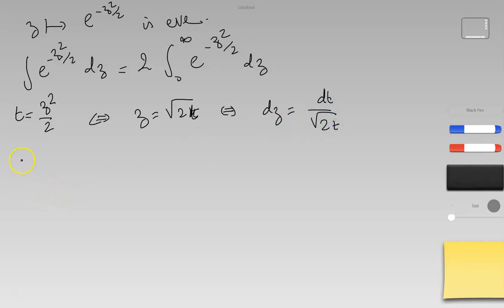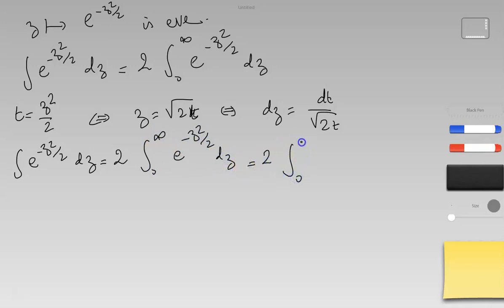Okay, go ahead then. So the integral of exponential of minus z squared over 2 dz is equal to twice the integral from 0 to infinity of exponential of minus z squared over 2 dz. It is then twice the integral from 0 to infinity.